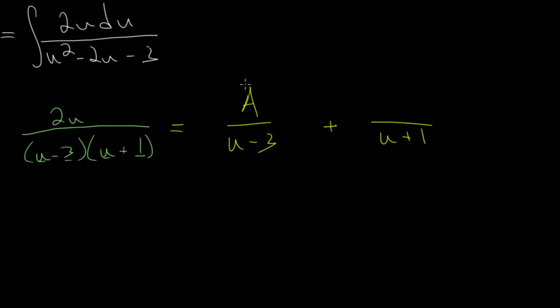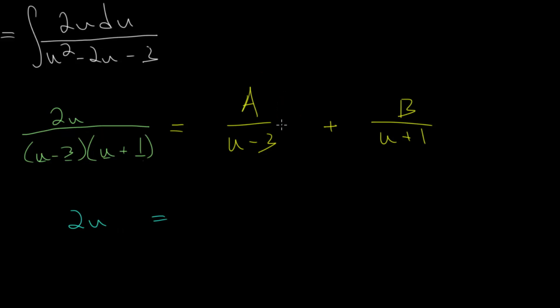And our task now is to just figure out what the numerators will be. We can call them a and b. And to do that, let's multiply both sides of the equation by this denominator here, so that we can cancel some things out and simplify so that we can find a and b. And by multiplying both sides by this denominator, on the left-hand side, we're just left with 2u.